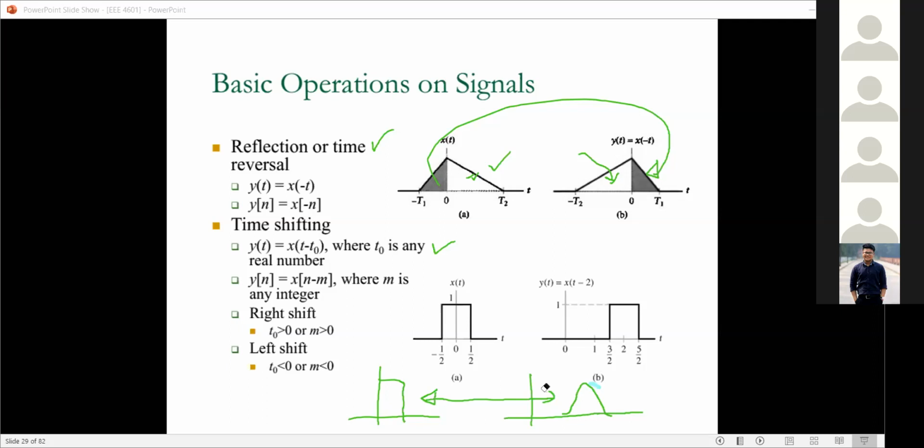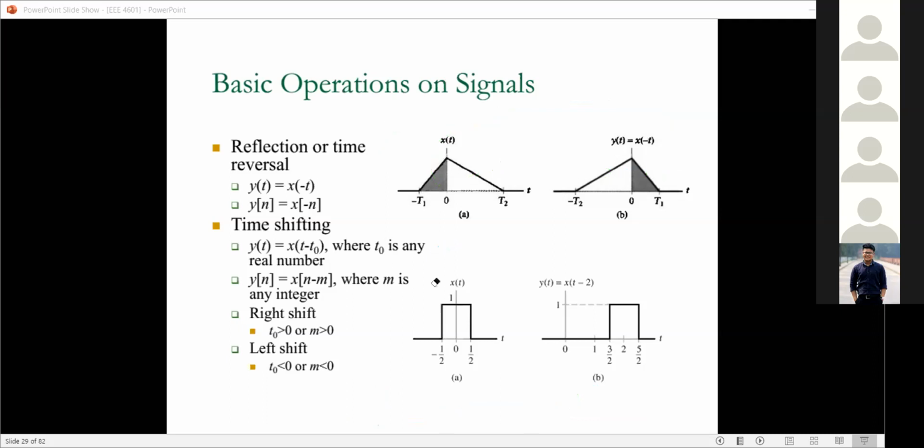So this shifting operation is very simple. Consider that we have a signal x(t). This is illustrated here in this slide. Consider a pulse centered at the origin at t equal to 0 with duration equal to 1 time unit.